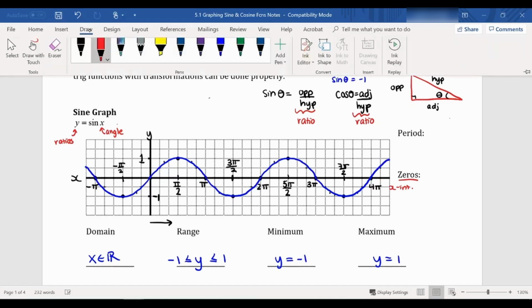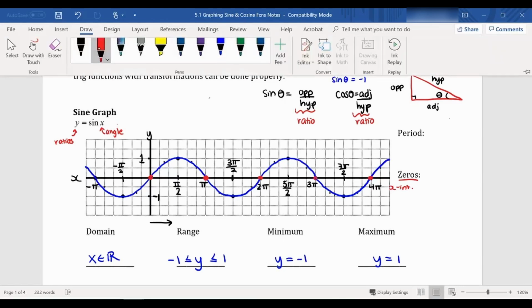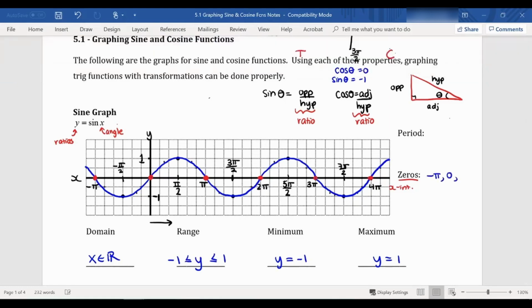So hopefully we can see our x-intercepts are happening at all the pi's. Okay, so we've got one over here at -pi as well. Our x-intercepts here are at -pi, 0, pi, 2 pi, 3 pi, etc. So the nice, neat way of writing this is at all the pi n's where n is an integer.